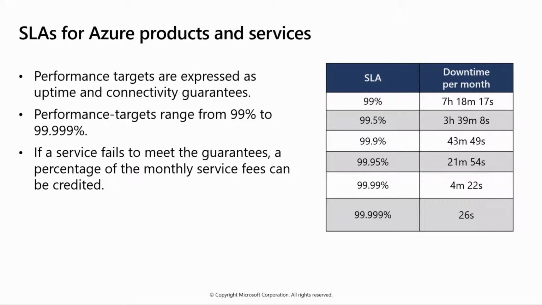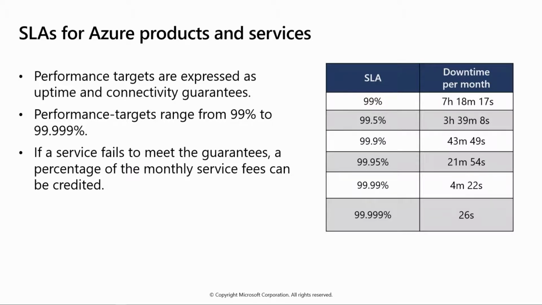Now, that doesn't mean that you will be down for 43 minutes and 49 seconds every single month, but that means that Microsoft is meeting their contractual obligation for availability as long as they're under 43 minutes and 49 seconds a month. But maybe your service, your product, your resource can't have that type of downtime. If it went down for 43 minutes, that would cause chaos. So maybe you need to build up a higher SLA.